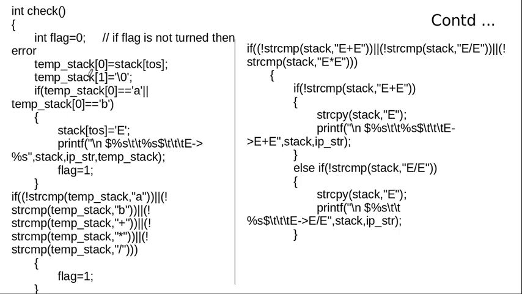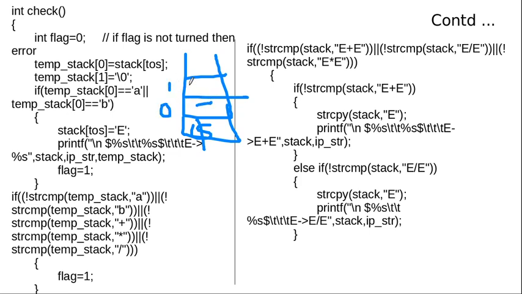Observe it. Temp stack means the stack symbols we are considering for the reducing step. Now observe, when I am talking about the stack, initially we have the dollar at the 0th index, and the 1 index holds the null character.